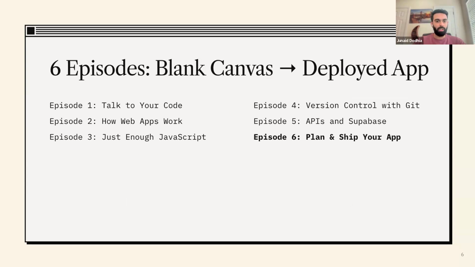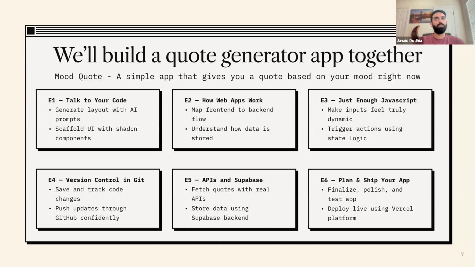What we've done so far is we've seen how web apps work end to end, from APIs to front-end inputs to the basics of JavaScript and Supabase, which is saving your data on a scalable database service, how version control works. So if you're new to this series, I would recommend checking out the first few episodes so that you can understand end to end what we've built so far.